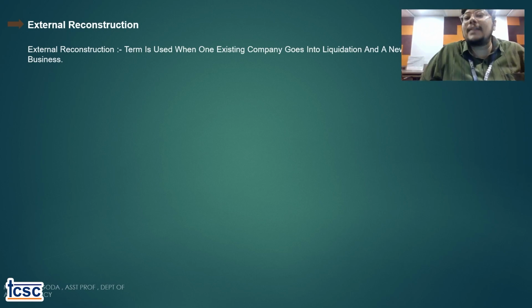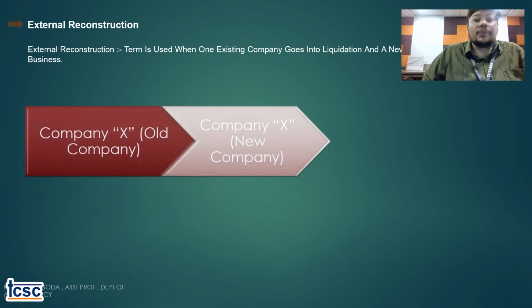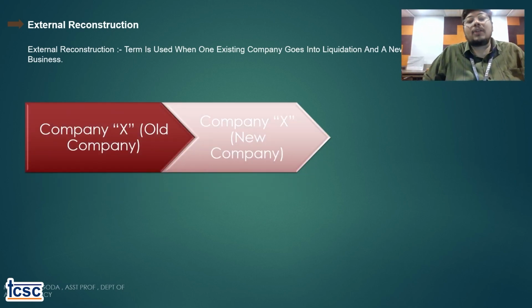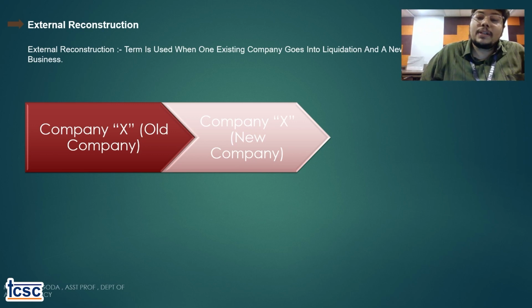So here company X was an old company which has transferred all the assets and liabilities to a company X with some new name. All the purchase consideration will be paid off, and then the new company will be taking over the business of the old company, and then they will run the business.